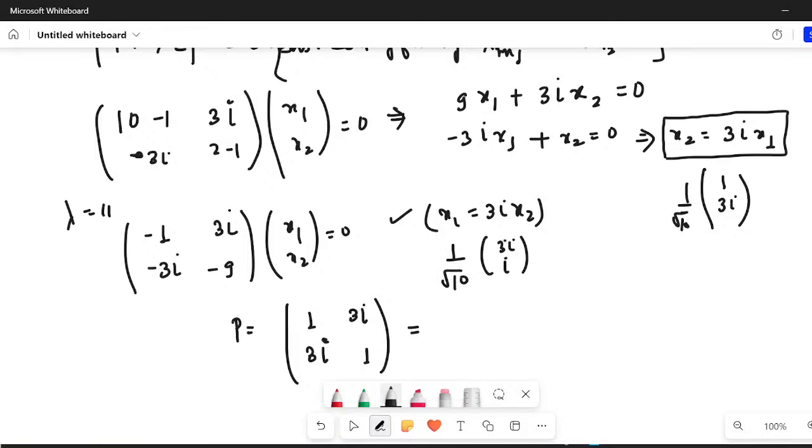Don't do the 3 iota square, first take the modulus of it. So modulus of 3 iota would be 3, square would be 9, 9 plus 1 would be 10, I guess. So the answer should be this one. Probably you may get some different answer also, but overall understand this is a symmetric matrix. So this is how you're going to get one of the answers. I hope it is clear.